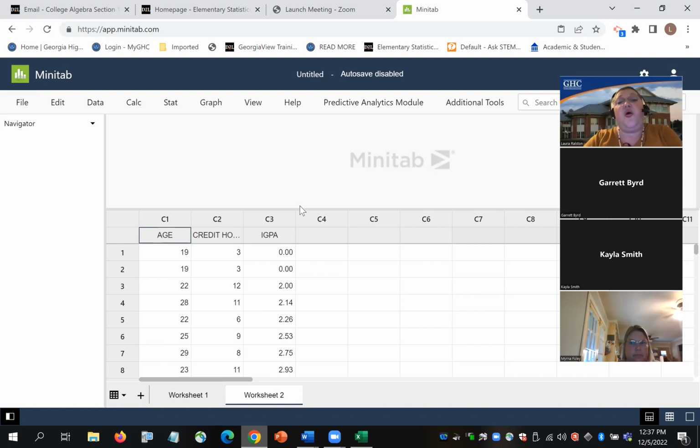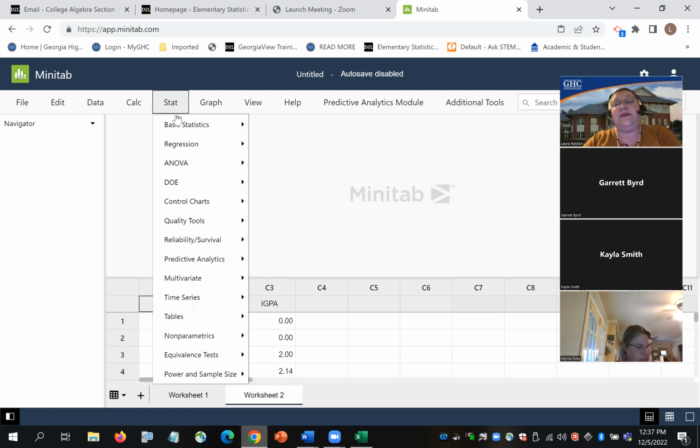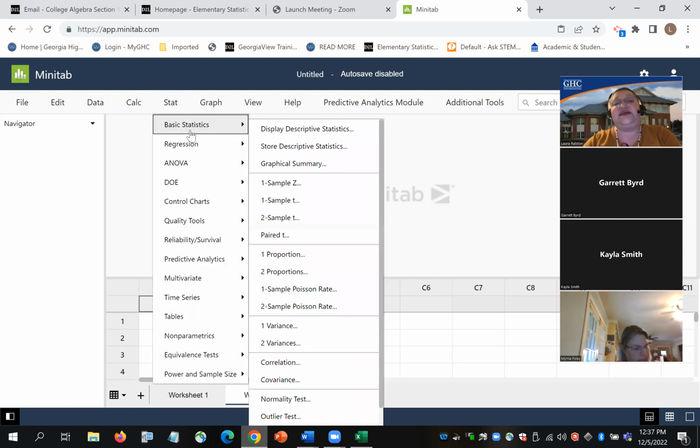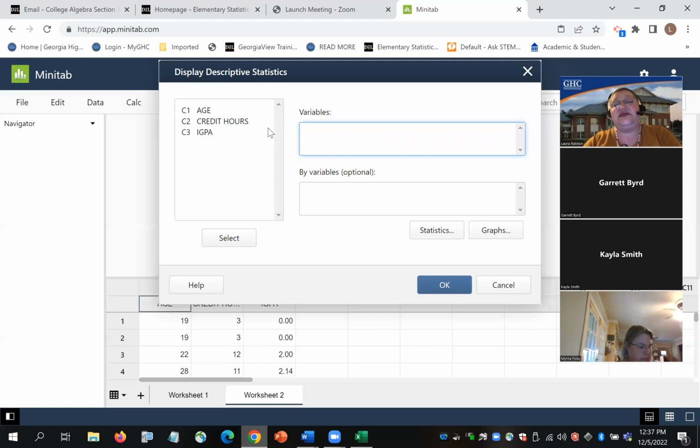So if I want or need to calculate the descriptive statistics for any of those 3 variables, here are the keystrokes. Stat, basic statistics, display descriptive statistics. I'm going to do age.